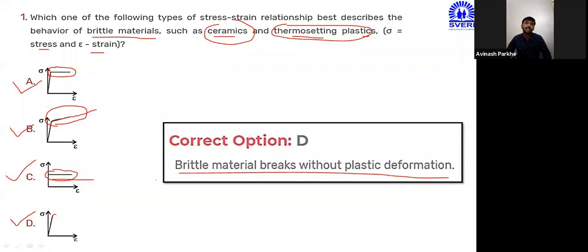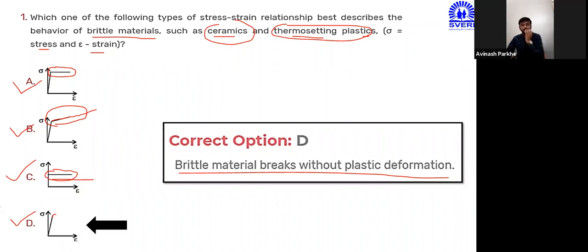But in a brittle material, breaking happens without plastic deformation. Therefore, those plastic deformation points are not represented in the brittle material. After the proportional limit, directly there is a breaking. Therefore, your option D is correct as a stress strain diagram for the brittle material.